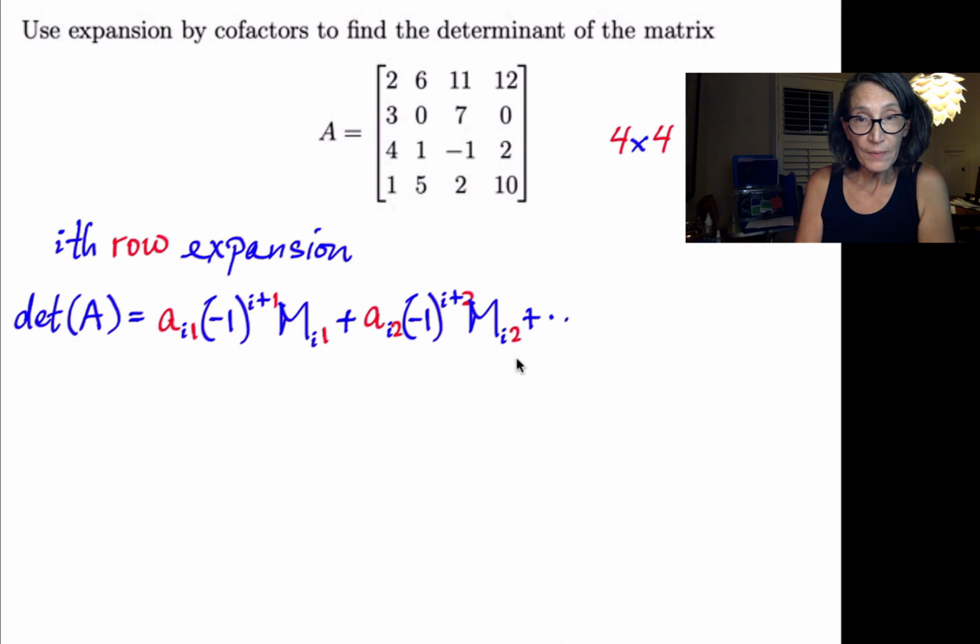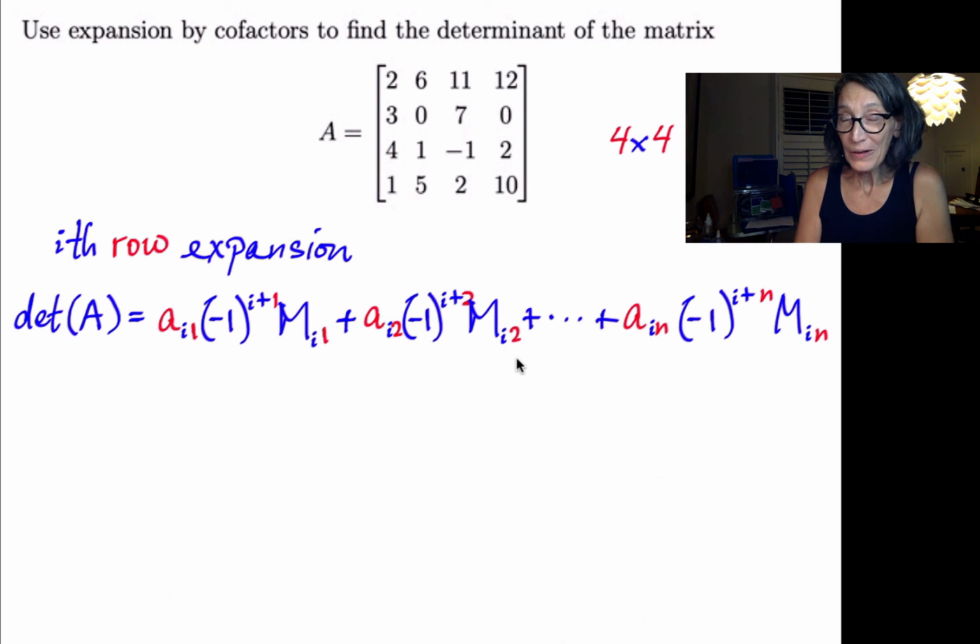And then you keep going until you get to the last entry in that row and multiply by either positive or negative 1, and multiply that by the in minor. That's the determinant of the submatrix you get by deleting the ith row and the nth column. So that's what a row expansion is.